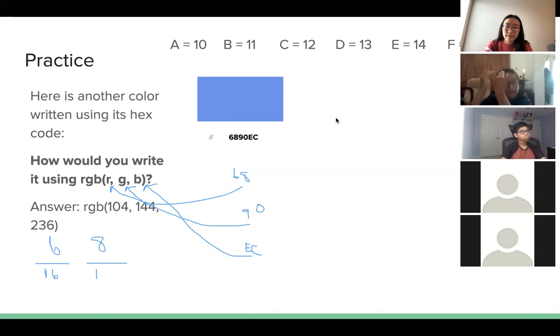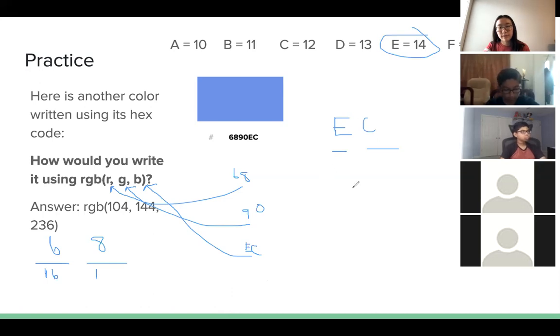Let's do an example with EC because that's more special hexadecimally. So EC: E is in the 16th place and C is in the ones place. E represents 14, as you can see above.